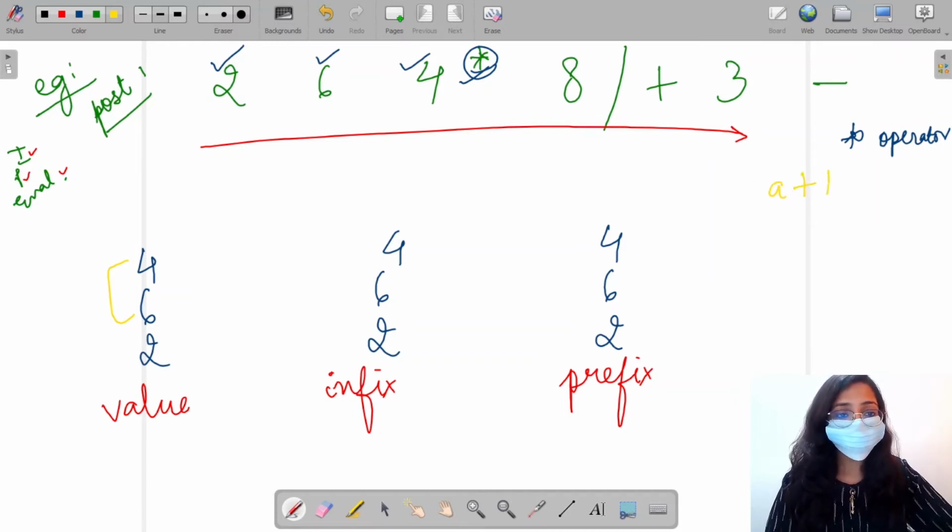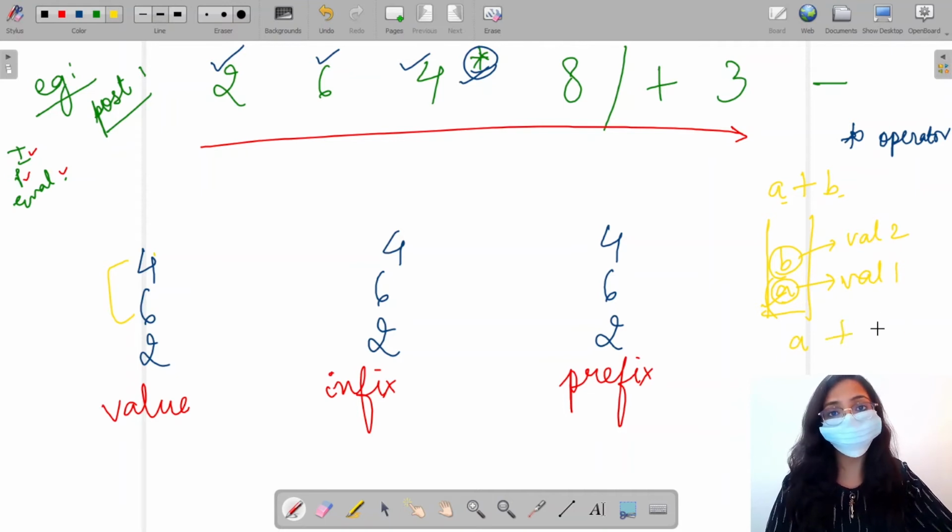In any expression, for example a plus b, if I have a and b on the stack, a is at the bottom of the stack, right? But I need it as value 1. So when we pop the values, we'll take the one at the top as value 2, and then the second one will be value 1. So that we can have value 1, that is a, plus or whatever the operator is, and then value 2.